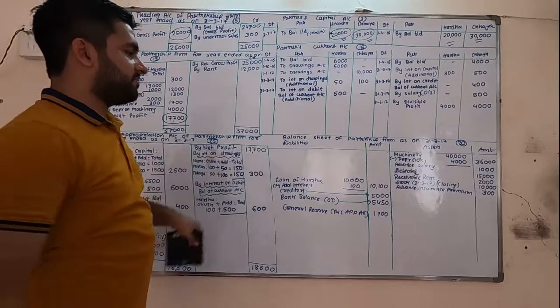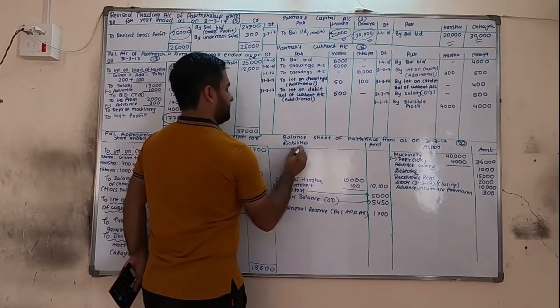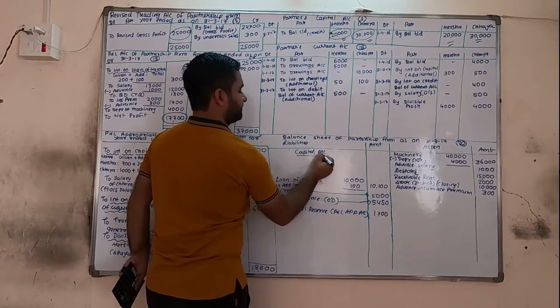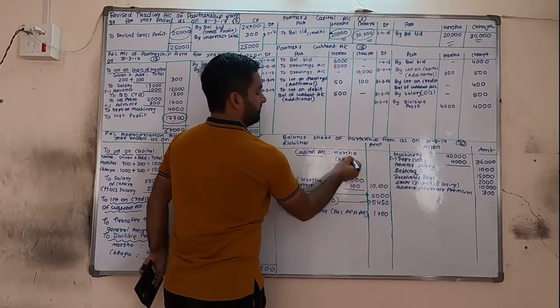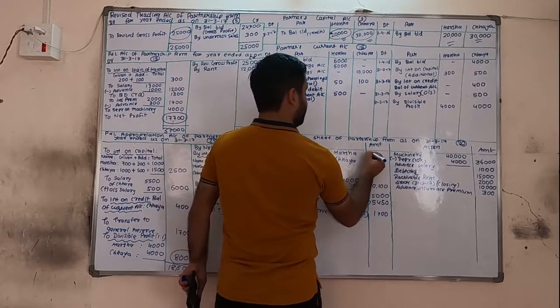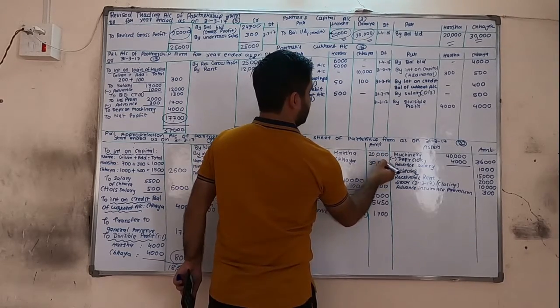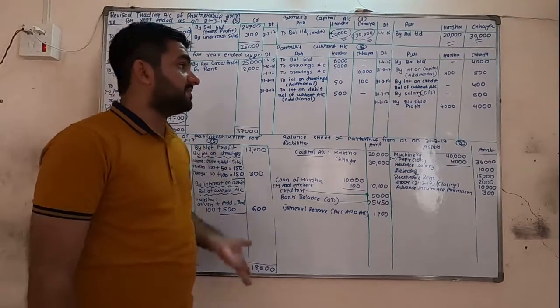Now as this is credit balance, it is shown here. Don't transfer by mistake here. Now this is of capital, so capital account Harsha, Chaya 20,000, 30,000.